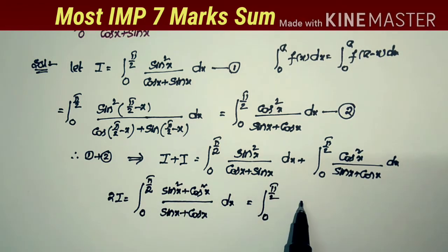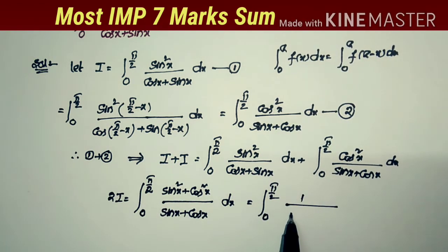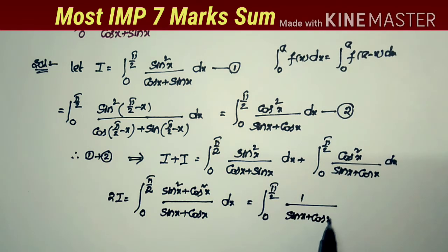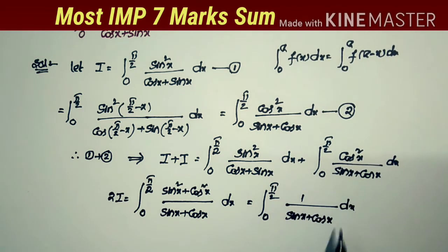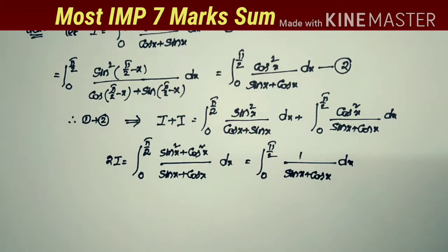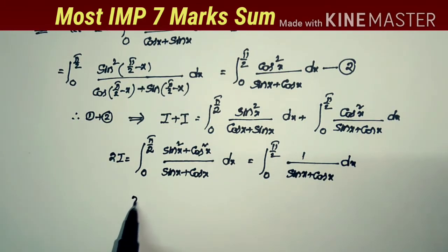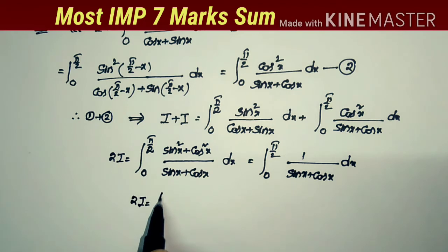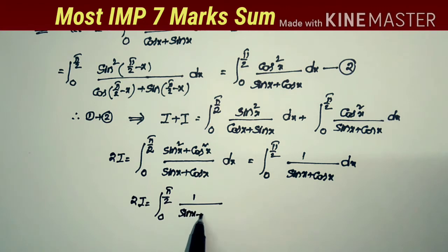Sin square x plus cos square x is equal to 1. So 1 by (sin x plus cos x). Now we have to take the integration of this problem. So after simplification, 2I is equal to integral 0 to pi by 2 of 1 by (sin x plus cos x) dx.